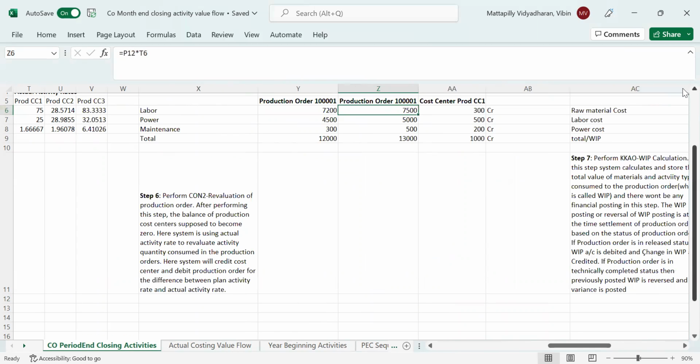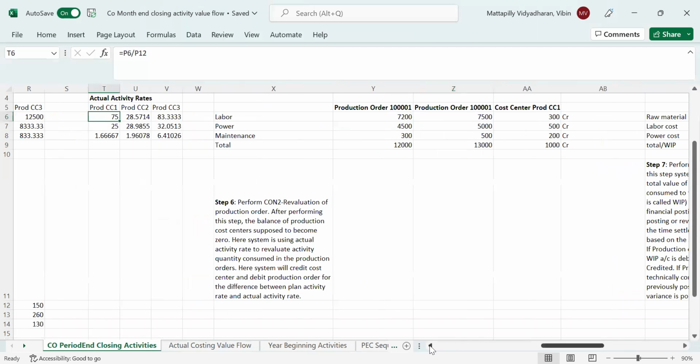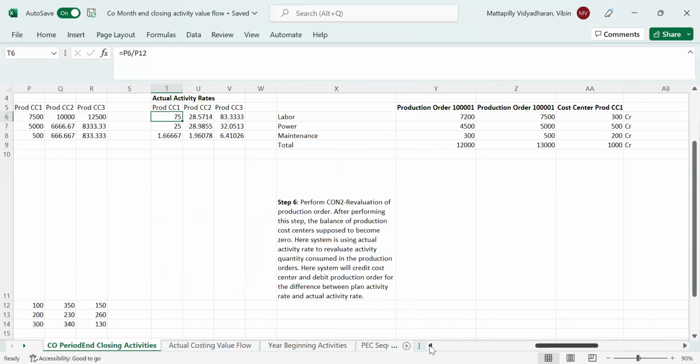In the last video we discussed how the actual activity rate was calculated for labor. This is the labor activity rate calculated, right? So 75 into 100. That's why it is 7,500.